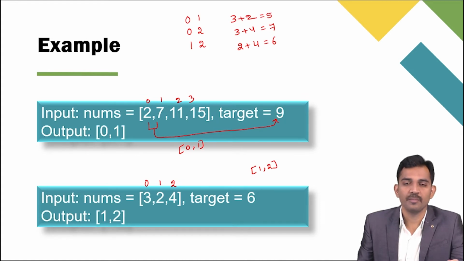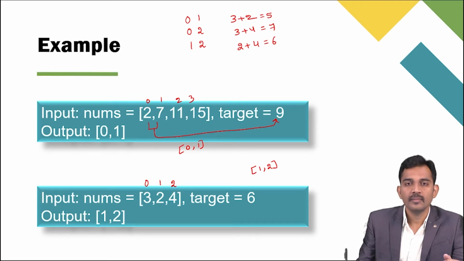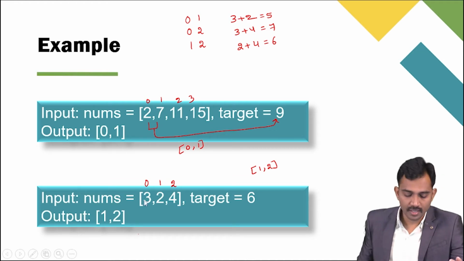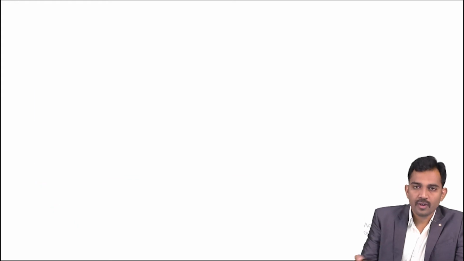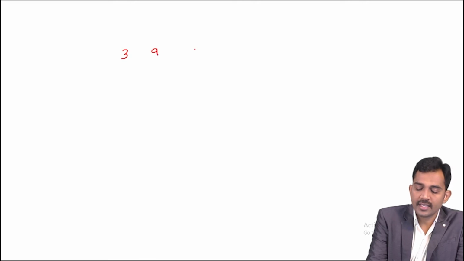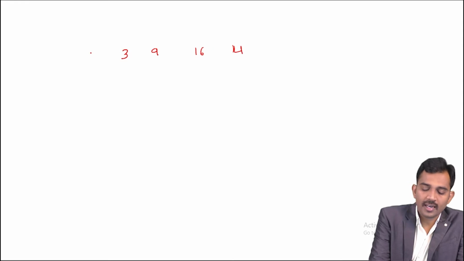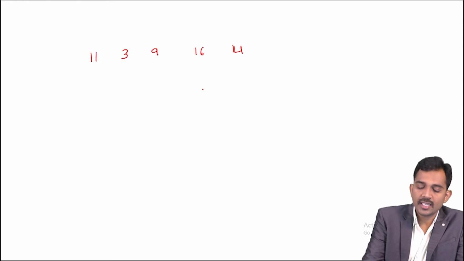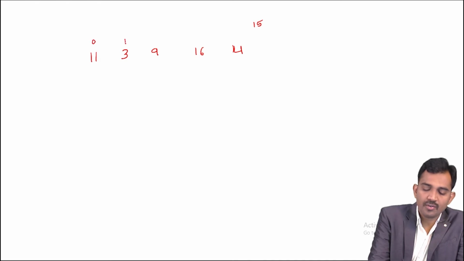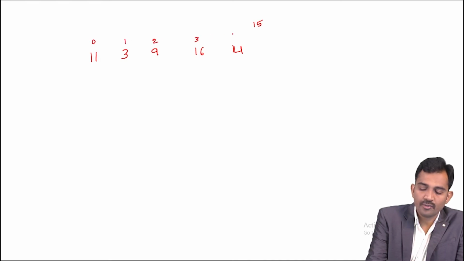Now how to solve this problem? Here we'll take an example with various elements: 3, 9, 16, 4 and 11, and your target is 15. These are the indices 0, 1, 2, 3, 4.